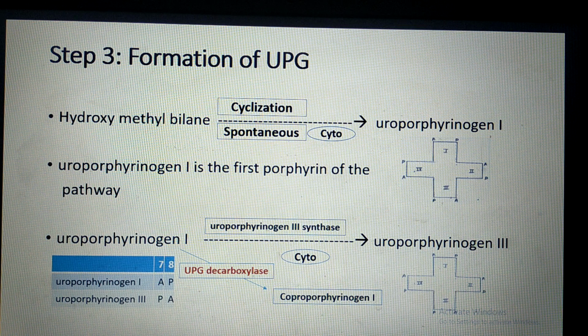In this way, uroporphyrinogen 3 is formed, but a small amount of uroporphyrinogen 1 normally gets converted into coproporphyrinogen 1 with the help of the enzyme uroporphyrinogen decarboxylase.